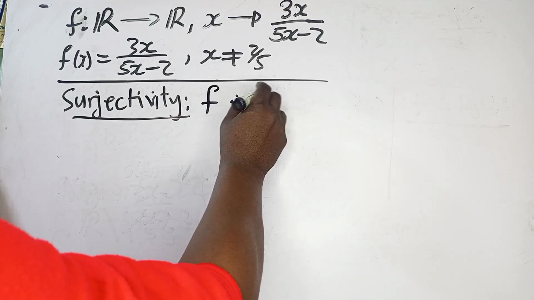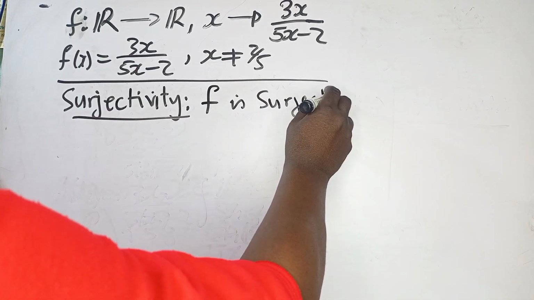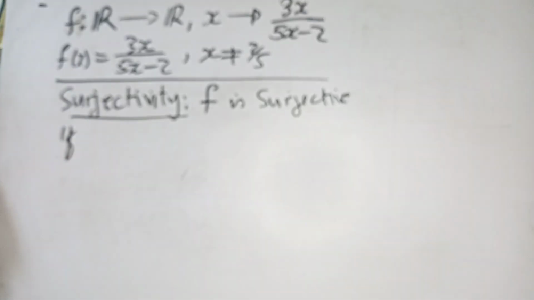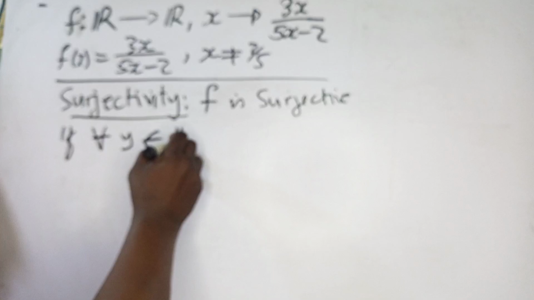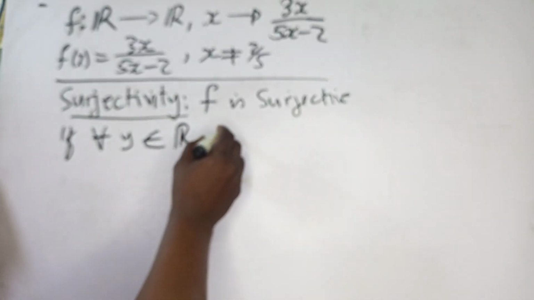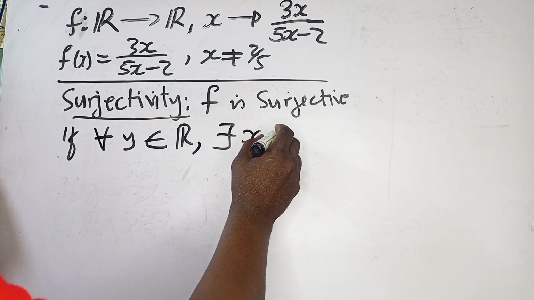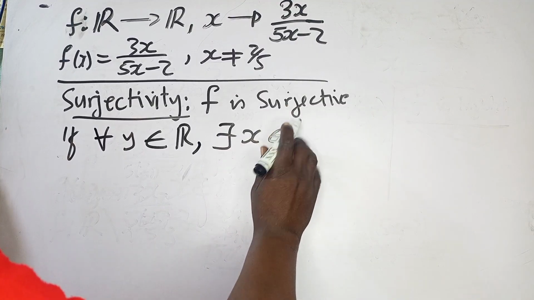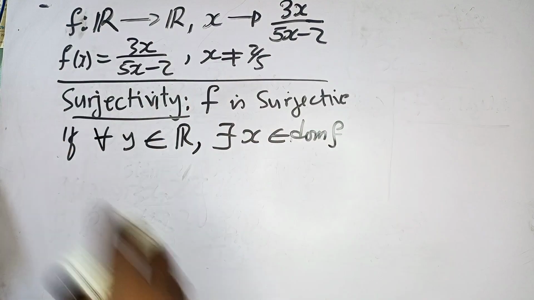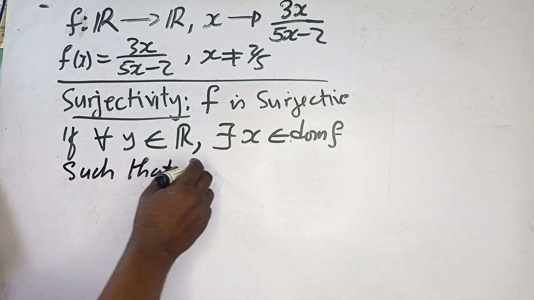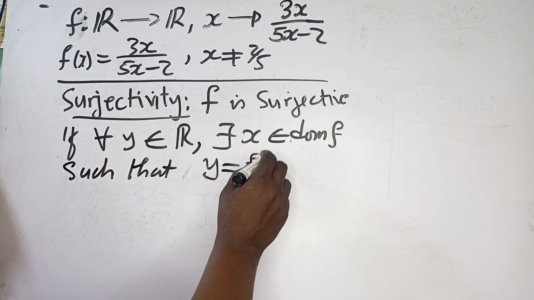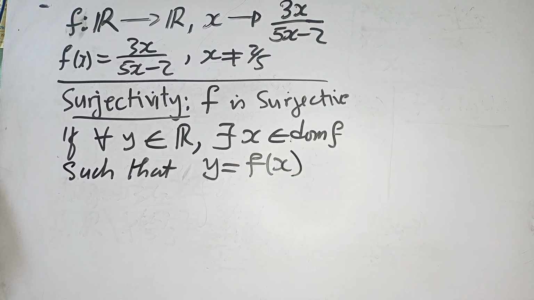The function f is surjective if for every element in its codomain, we can find an element x in the domain of the function f such that y is actually the image of that element in the domain. So this is the property for surjectivity.